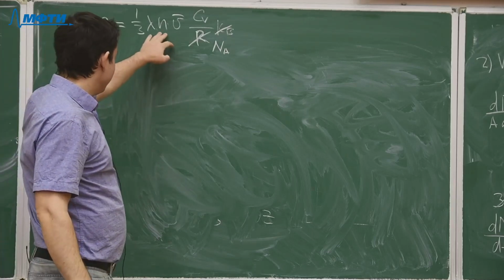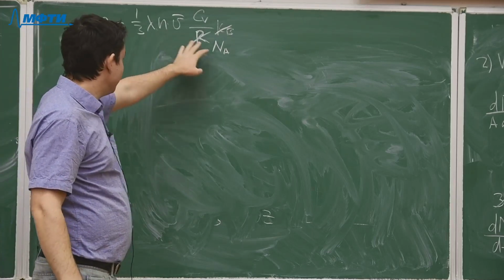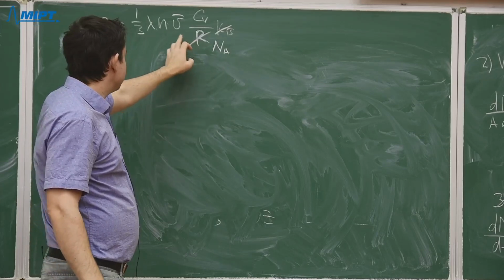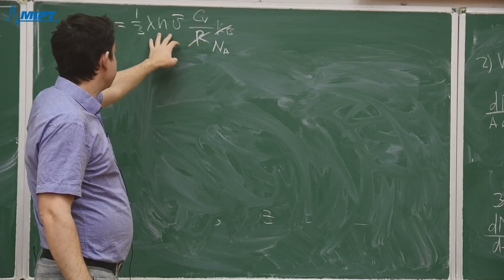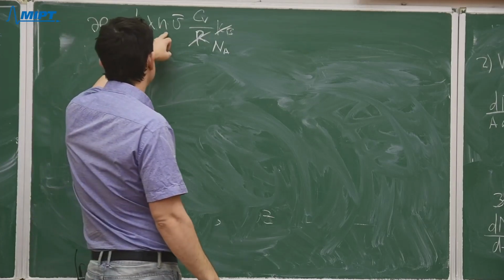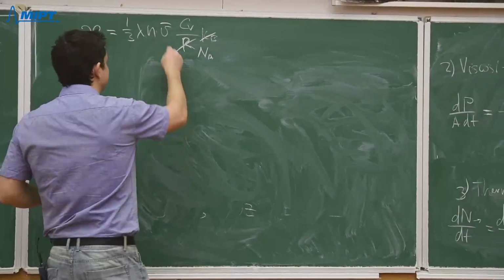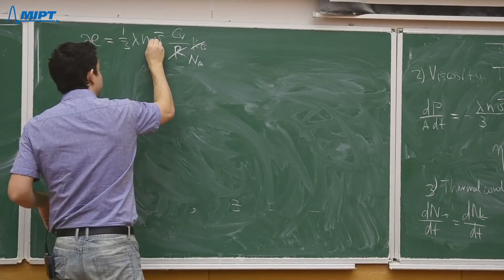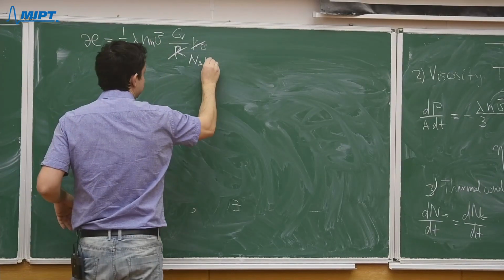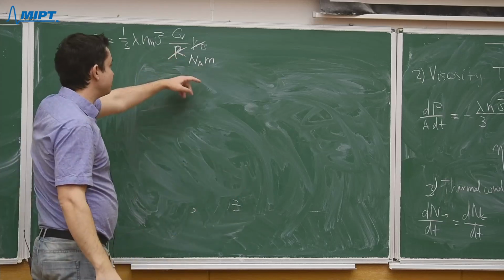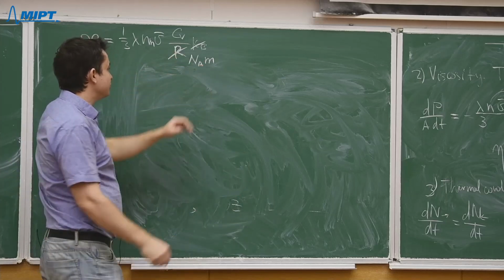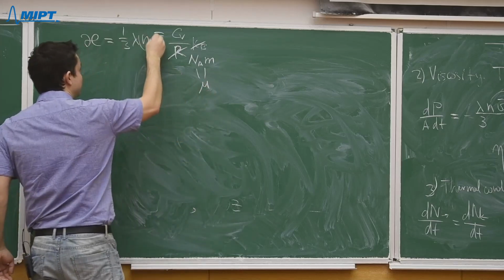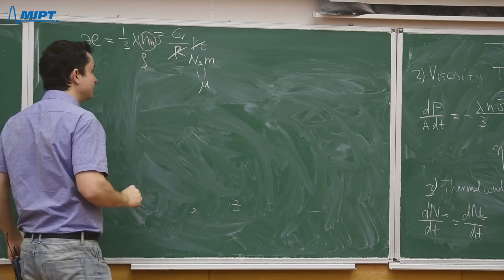Now I have n over an Avogadro number. So what I'm going to do here is multiply n by the mass of a single molecule and add the mass of a single molecule in the denominator. So altogether, these two would give me the molecular weight, while these two would give me the density.